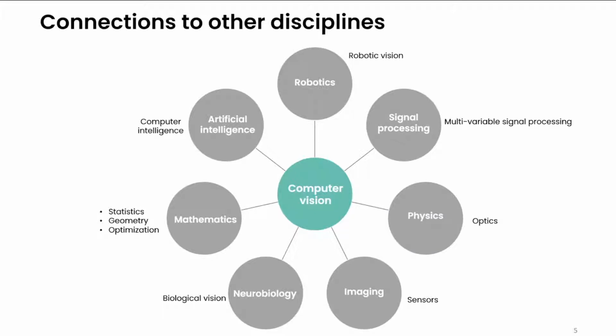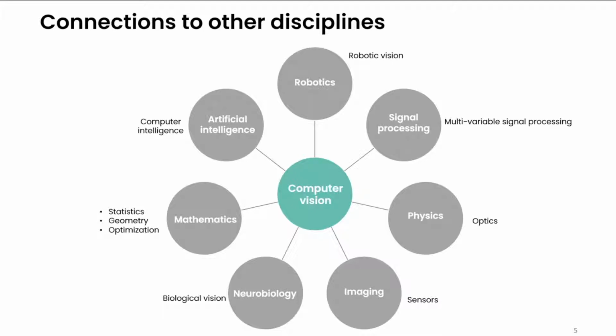Let's start with AI, artificial intelligence. Computer vision is a subfield of AI, with which it shares a lot of topics such as pattern recognition and learning techniques. Robotics is a well-established field where we have used computer vision to help robots see things, improve robotic vision, and achieve vision-based tasks such as autonomous navigation.